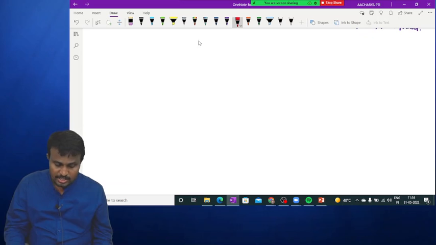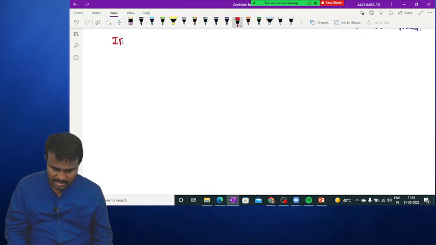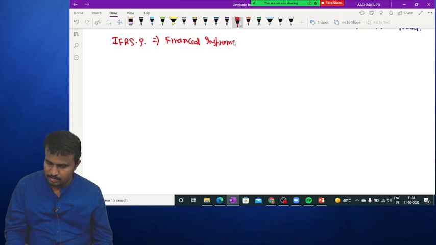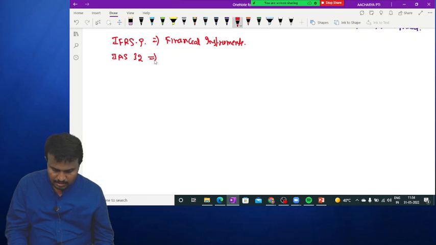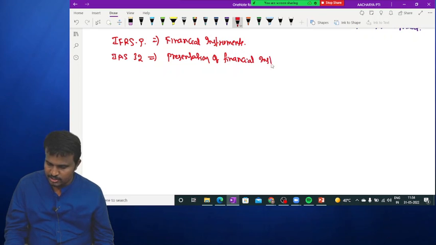Here we have three standards. One is IFRS 9 Financial Instruments, and IAS 32 Presentation of Financial Instruments.